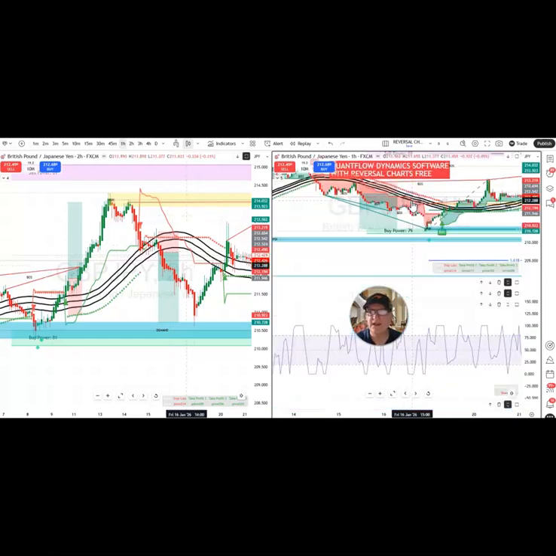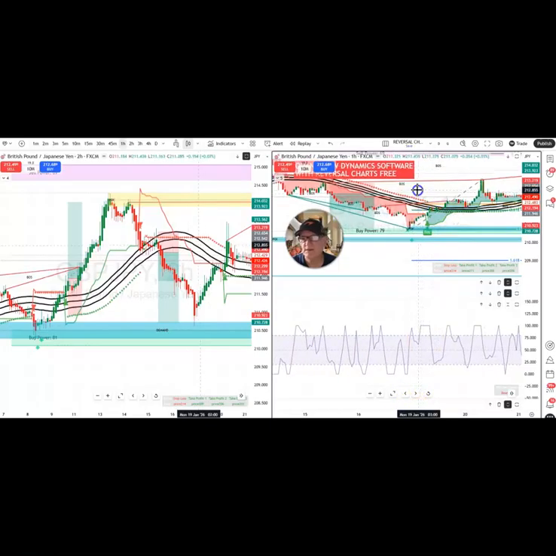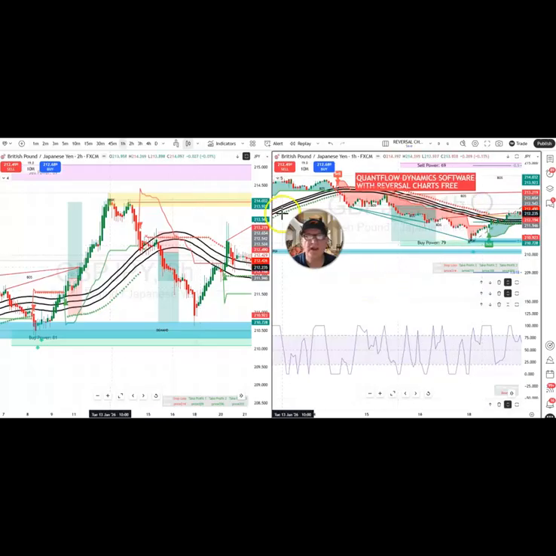Now if we dial down into the oscillator, we can see that we've got plenty of opportunities to get into this position, and we can see that we have a sell signal here, here, here, here, here.